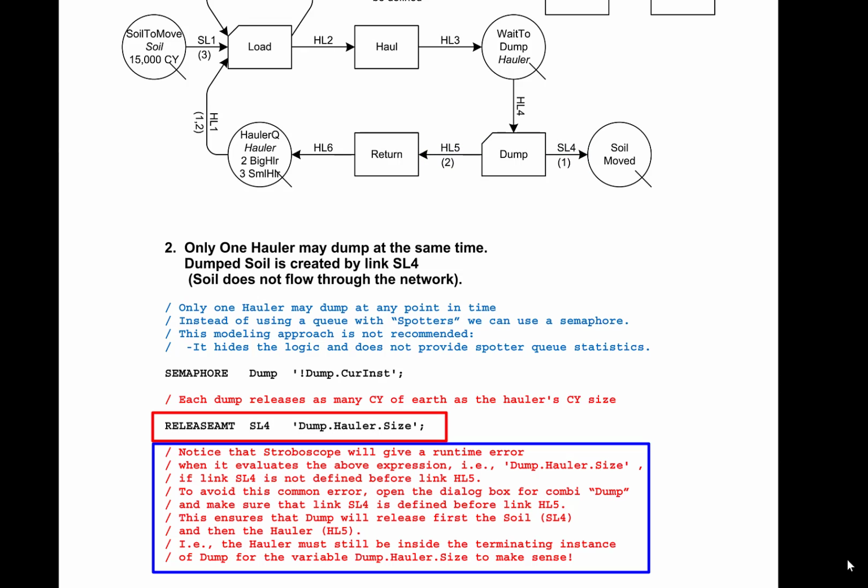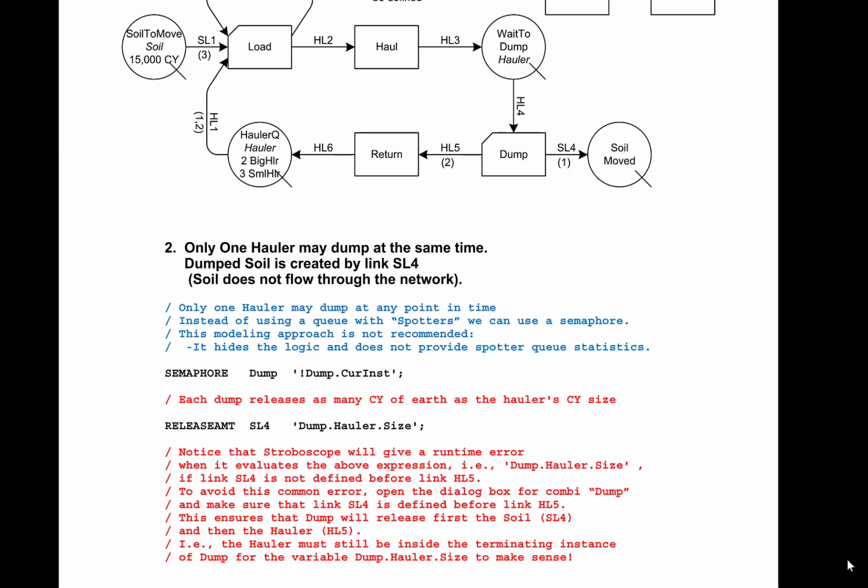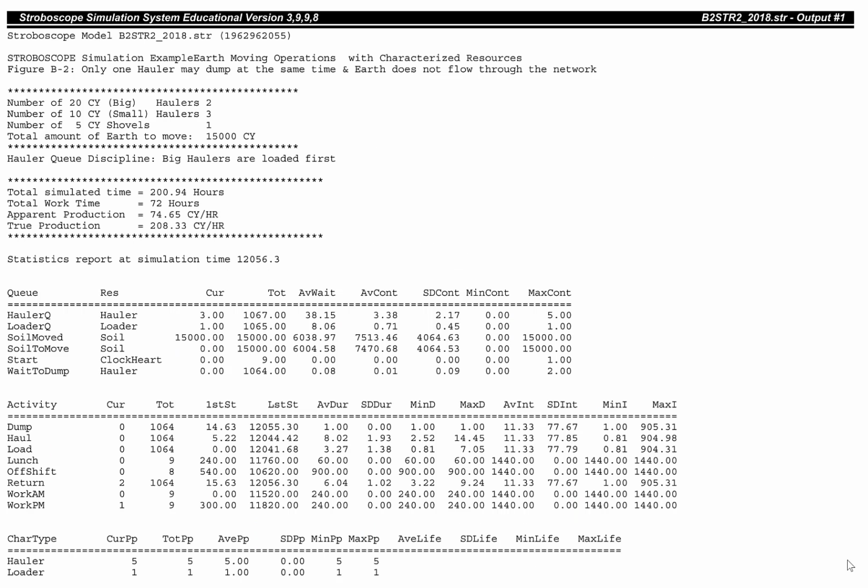This ensures that dump will release first the soil through link SL4 and then the hauler through link HL5, i.e. the hauler must still be inside the terminating instance of dump for the variable dump.hauler.size to make sense. The remainder of the model is identical to the first version of the model presented earlier.